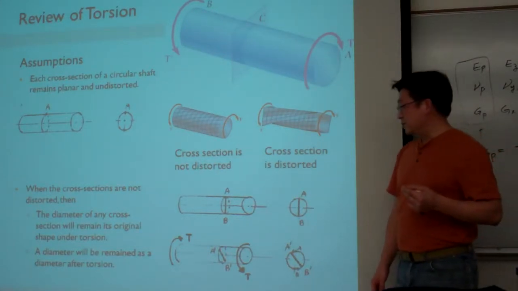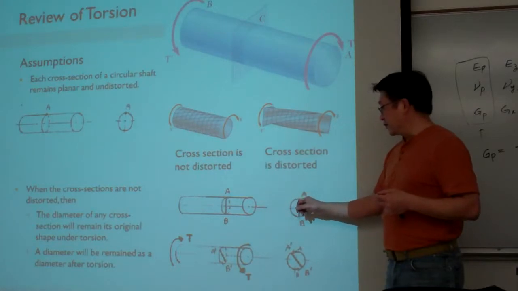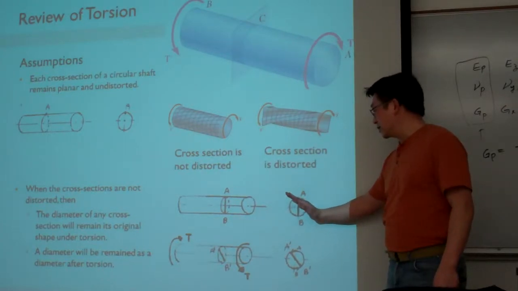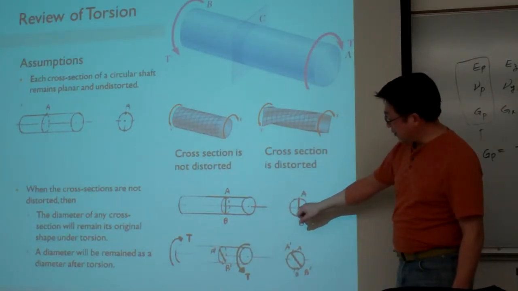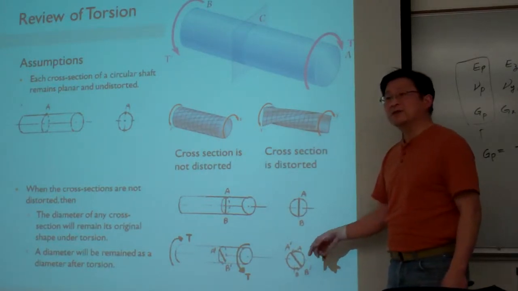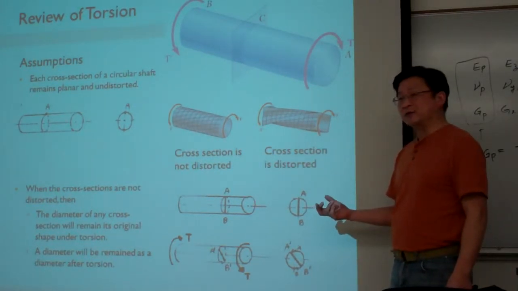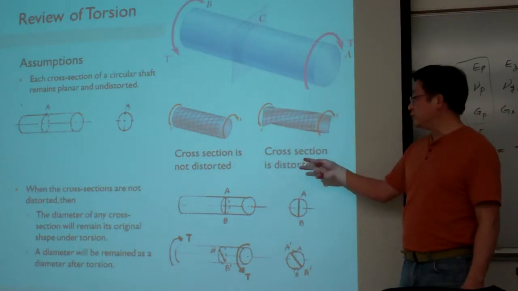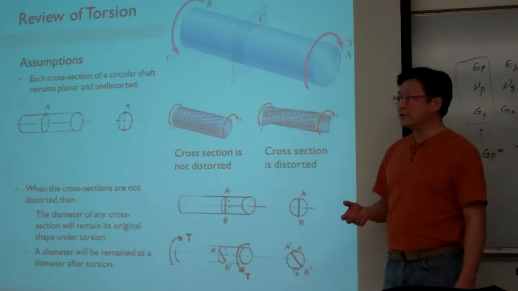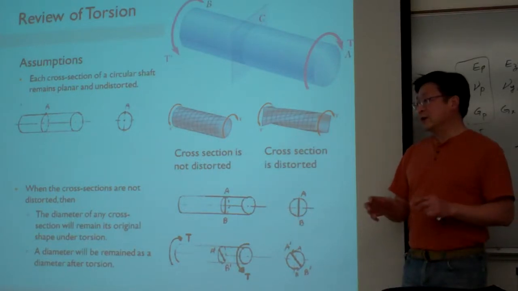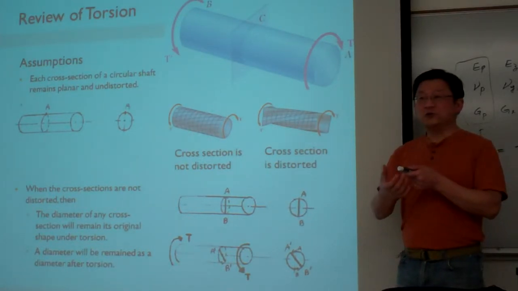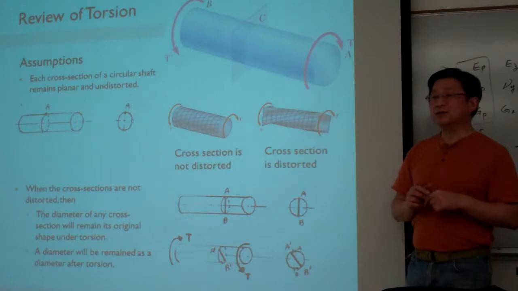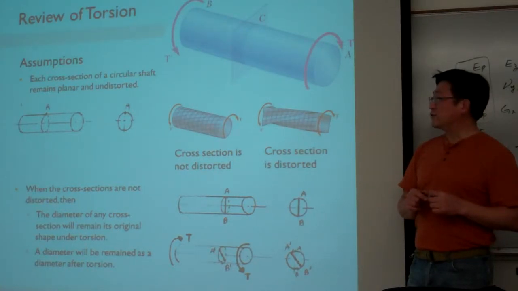The second assumption is this: originally, before twisting, diameter AB, and after the twisting, AB will simply rotate about the center to the new position. So the diameter remains a diameter after torsion. Basically, the two assumptions together say that any cross-section remains a rigid body rotation during twisting. Okay, so that is the base for our analysis.